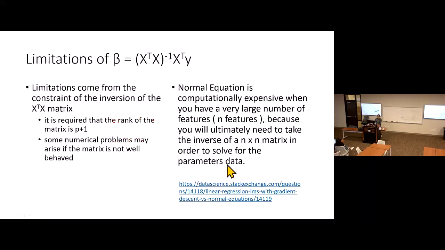So the limitation of this: if you compute this directly, it's computationally expensive. The bottleneck of the computation is this inverse. You need huge computational power for large input data.